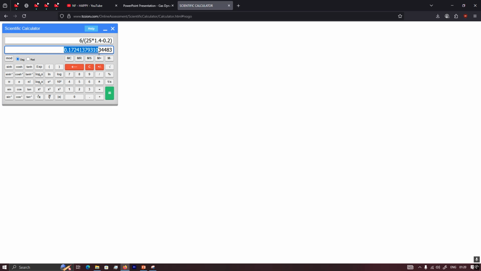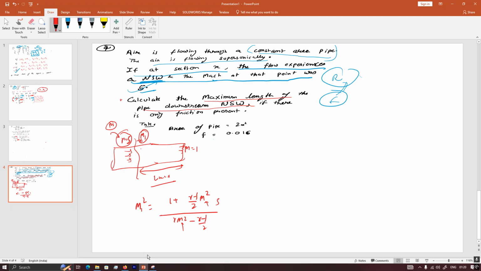This is not your answer, you have to take the root. So this is your Mach after the normal shock wave, 0.415. So M1 is 0.415.